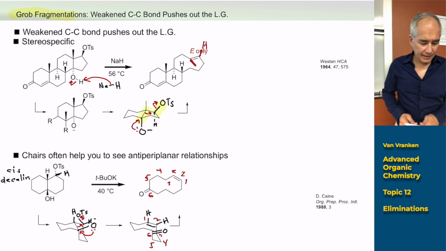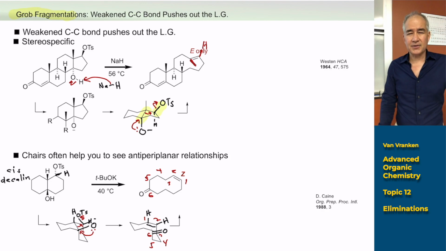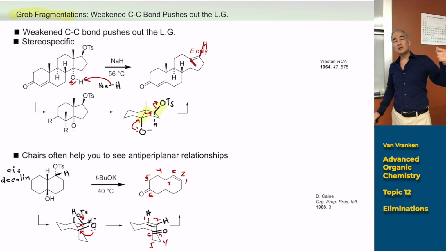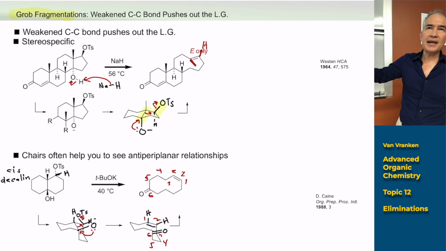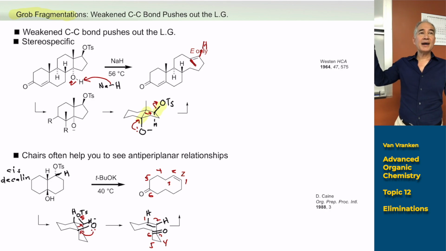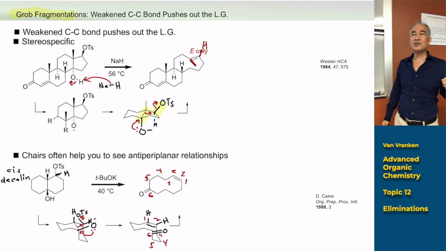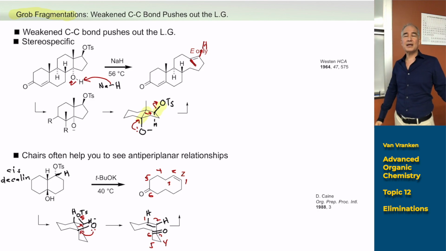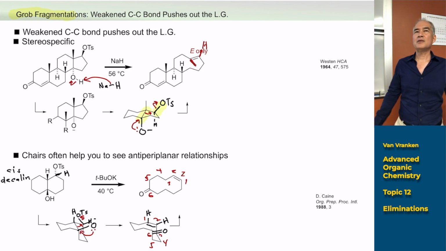All right, so eliminations. We talked about pulling off protons and having leaving groups leave in every possible order. We had the leaving group leave to make a carbocation, then pulled a proton off. That's an E1 elimination. We pulled a proton off to make stable carbanions when there was a stabilizing group. That's an E1CB, and then you push out the leaving group.